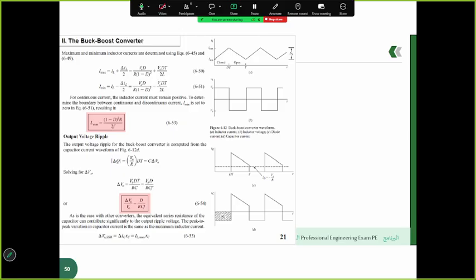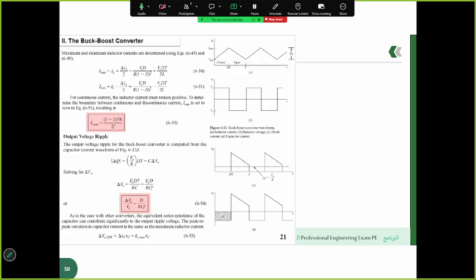These are derived using the average inductor current and the current ripple, which is crucial for verifying that the converter operates in CCM mode. For CCM mode, the minimum inductor current must be a positive value.